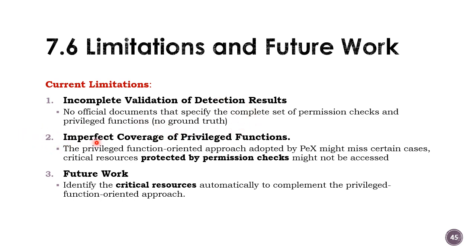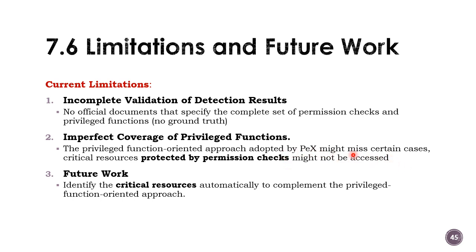The second is imperfect coverage of privilege functions. The paper uses a privilege-function-oriented approach to find privilege functions and check their permission checks, but it says another key point may be to target critical resources. If the aspect of critical resources can be involved, it will be more comprehensive.